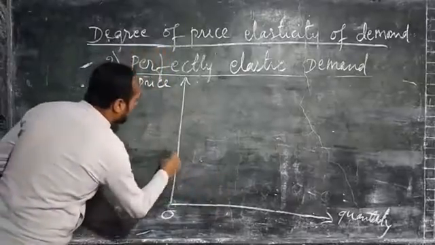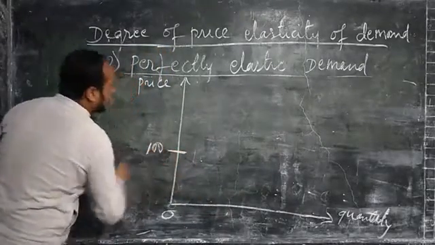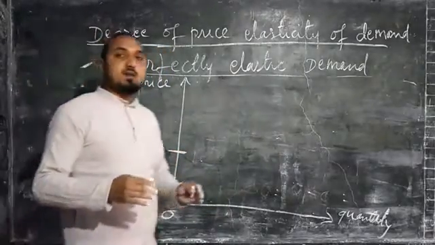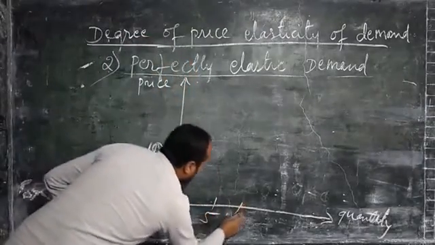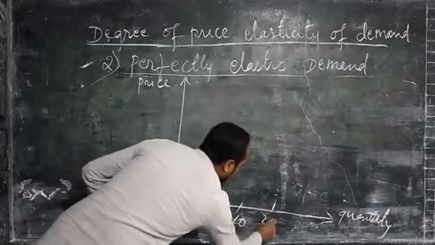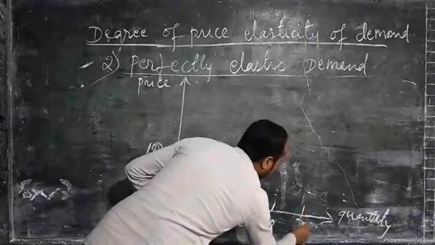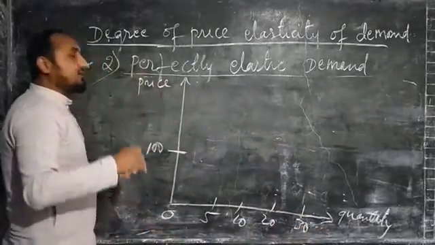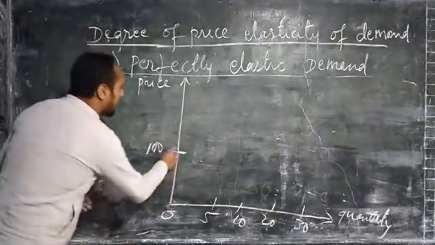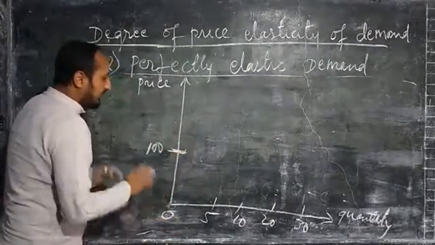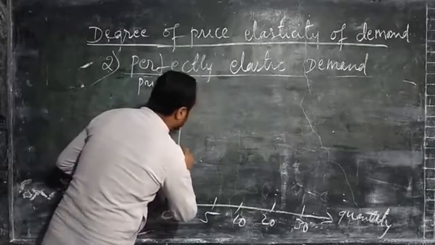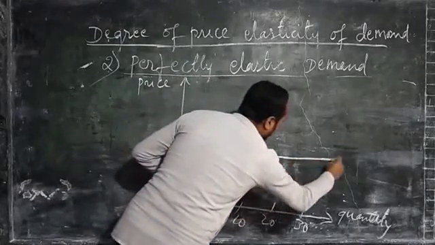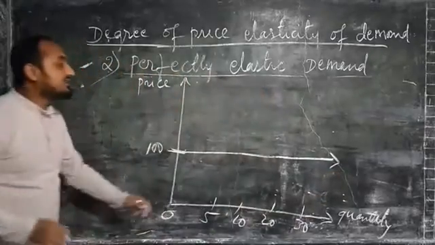Suppose the price of the commodity is 100. So quantity demanded can change by any amount. It may be 5 units, 10 units, 20 units, 30 units, and so on. At any quantity demanded, the price of the commodity is remaining the same. If we draw the diagram, we will get the perfectly elastic demand curve parallel to the x-axis.